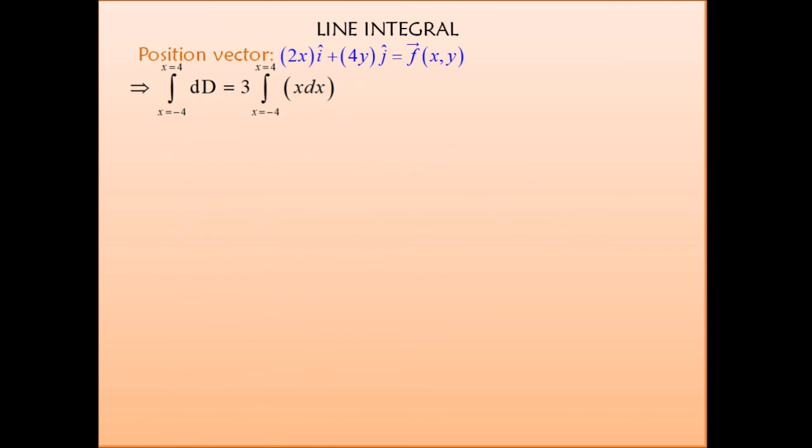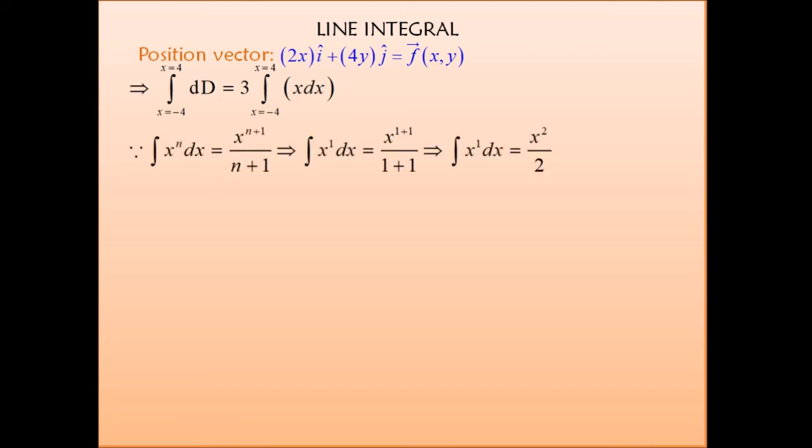So what we are going to do is use the formula of integration, which is the integral of x^n dx, which equals x to the power n plus 1 upon n plus 1. Since we have an integral of x to the power 1 dx, it can be written as x square upon 2.